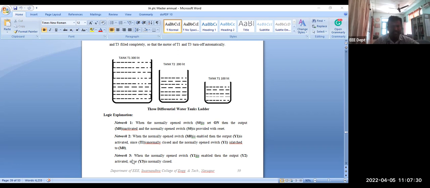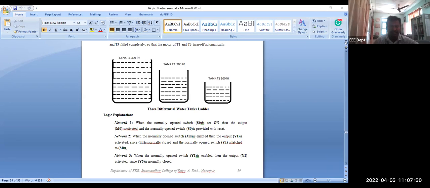Coming to network 3, when the normally open switch Y1 is enabled, then the output Y2 is activated since Y3 is normally closed. I will share the software also.